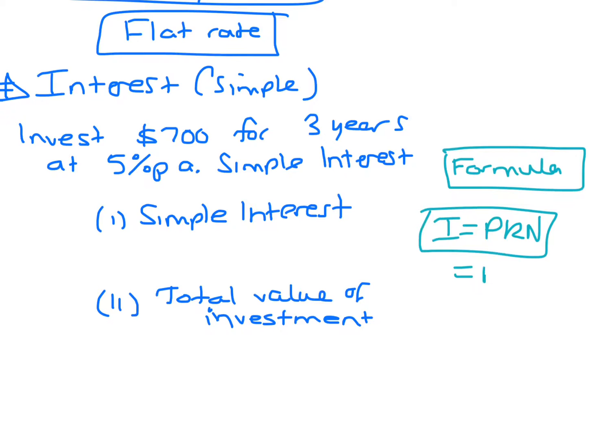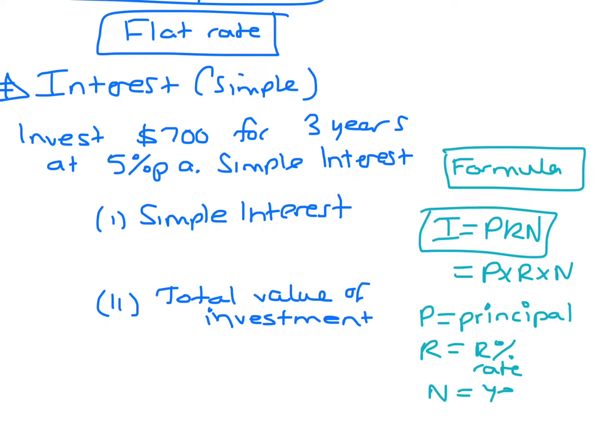Okay, so that really means P times R times N. So P is the principal, R is the percentage rate, and N is the number of years, okay? Or it could be the time period.